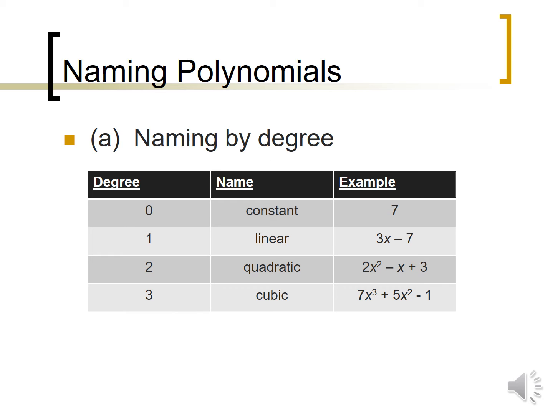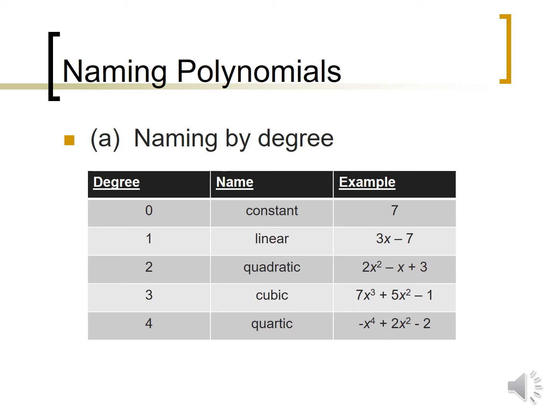If the highest power is 3, we call it cubic. 7x to the third plus 5x squared minus 1 is an example of a cubic polynomial. If our degree is 4, highest power is 4, we call it quartic. Negative x to the fourth plus 2x squared minus 2 is a quartic polynomial.